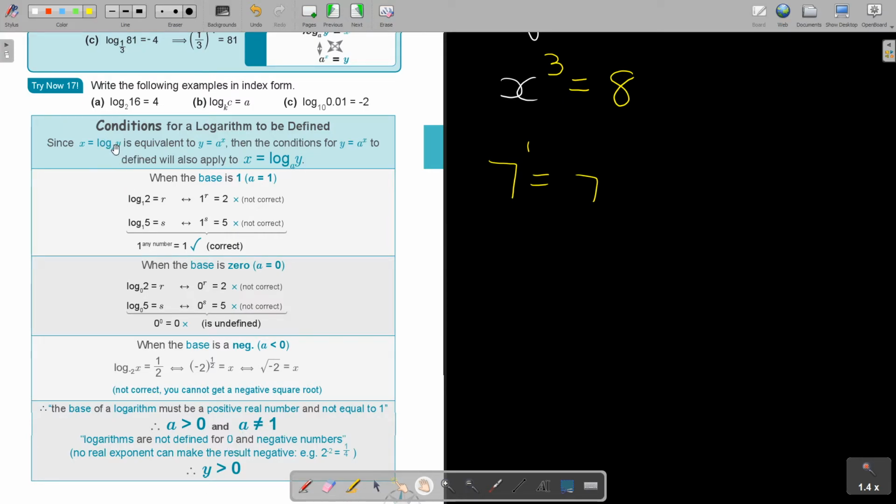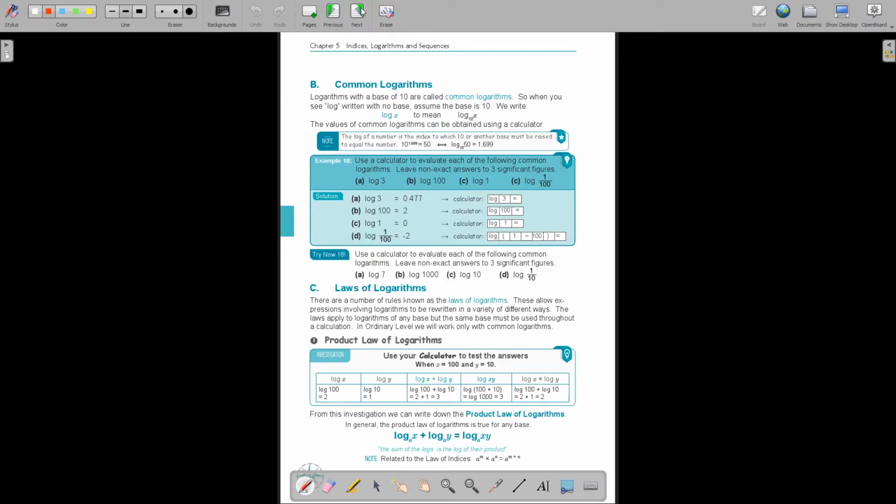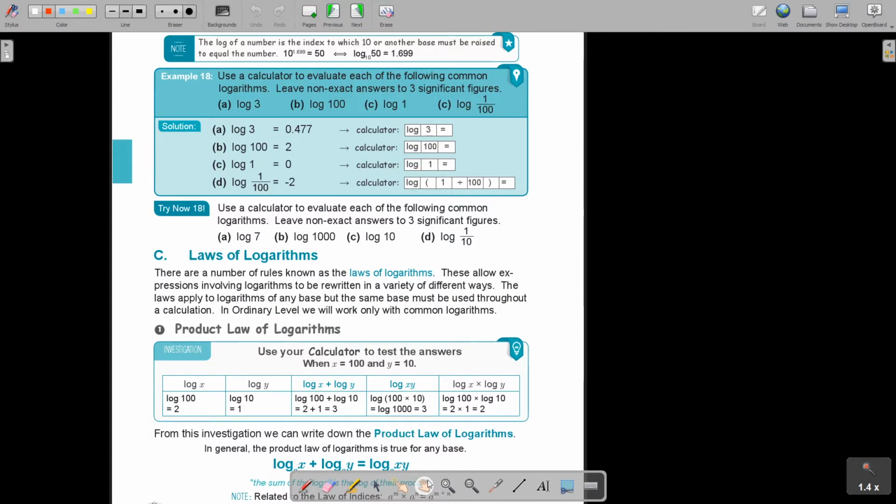And y must be bigger than 0. So if you take your calculator and press log -3, see what your calculator is saying. It's an error, because the number there must be bigger than 0, and that's why I just explained that to you. Okay, and then I just very quickly run through the rules.